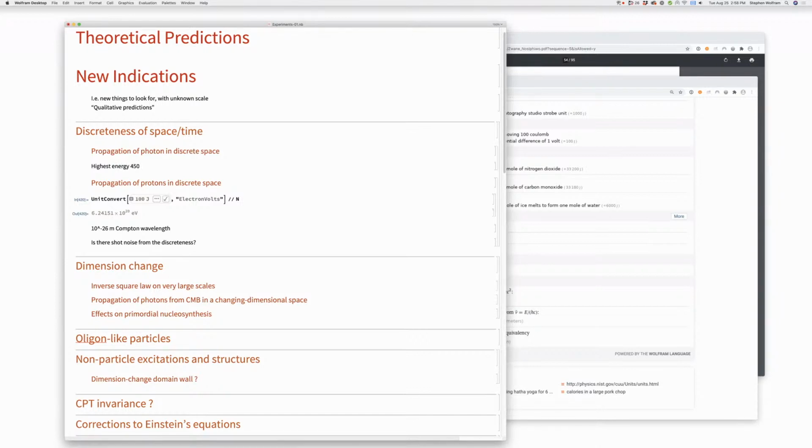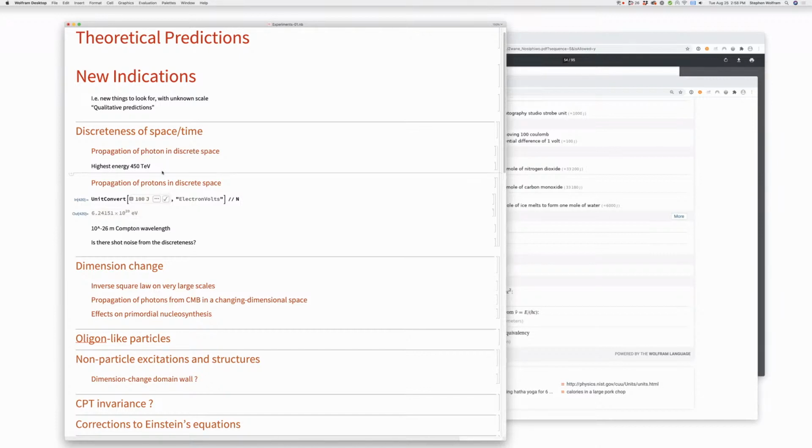Wait a minute, 450 TeV, you said. Okay, so that's 4 times 10 to the 14 electron volts. So it's much lower energy than the highest energy protons, right? Which is what I would expect.